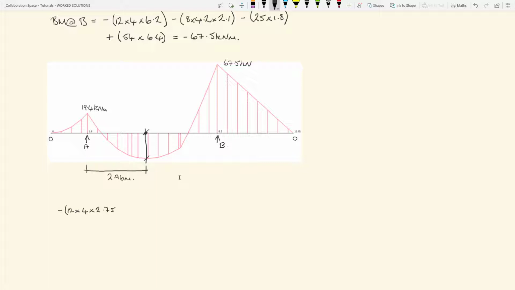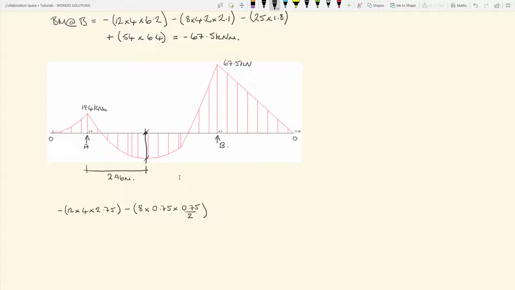Again, we're taking it about the point where the bending moment is a maximum. Then if we consider the second UD load, the 8 kilonewtons per meter, again, that is negative. So it gives minus 8 times 0.75 times its lever arm, 0.75 over 2.